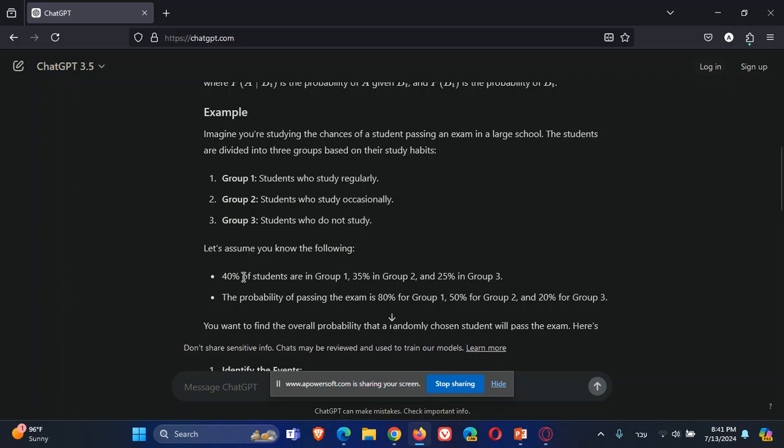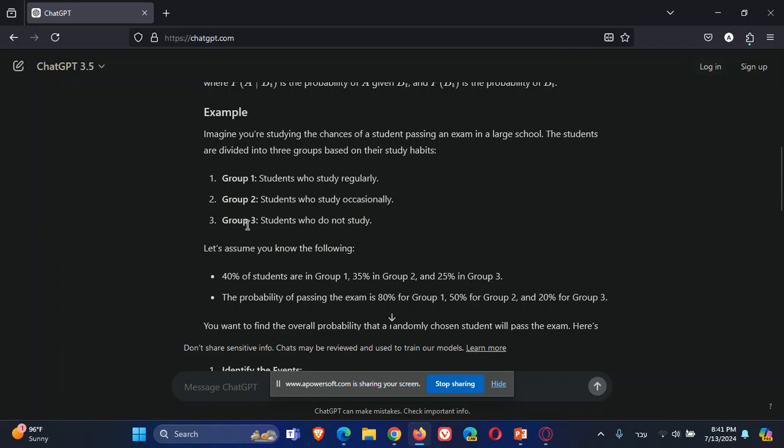In the first group there are 40% of the students, 35% in the second, and 25% in the third. The probability of passing a test for each group is 80% for regular study, 50% for occasional study, and 20% for not studying.